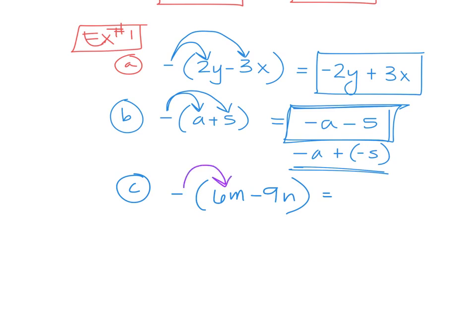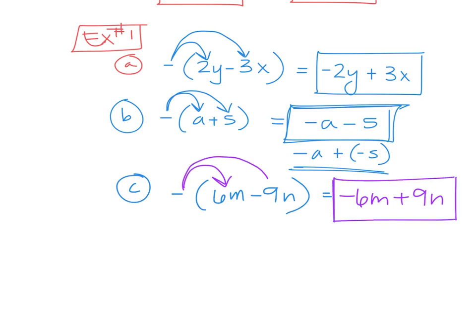So negative 6m, and then minus a negative 9n would be plus 9n. Okay, any questions on those? No. So just pay attention if there's a negative out in front. Don't forget to distribute that negative. Even though it doesn't look like there's a number there, it's a -1, right? You're just multiplying everything by -1.